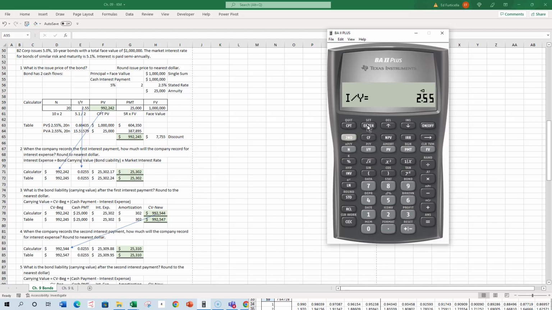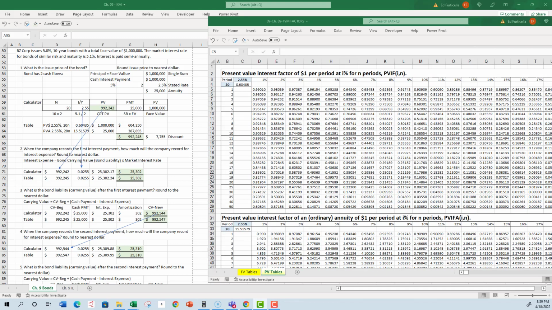The payment we enter is $25,000 because that was determined by taking the stated rate times the face value. And the future value is $1 million. When we compute our present value, we get $992,242.